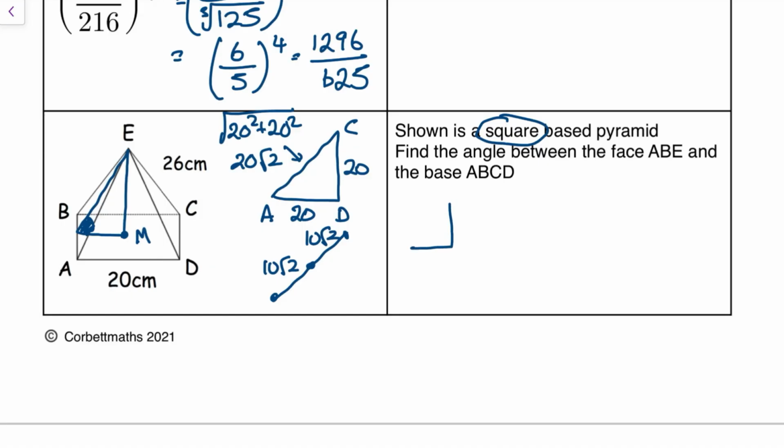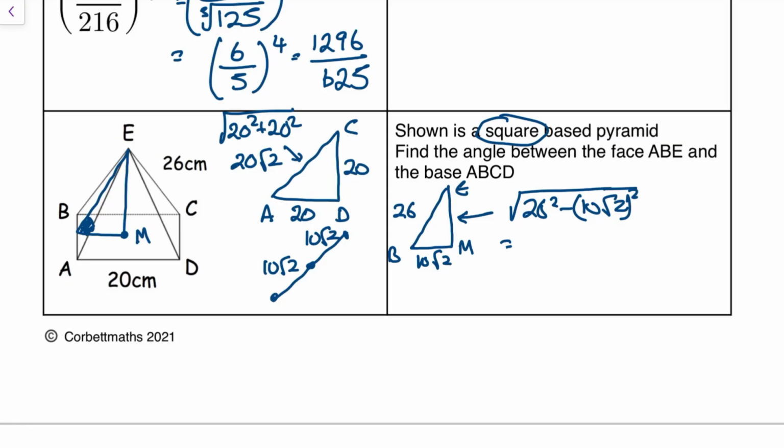Because now all of 3D trig is just about getting different triangles. So now let's look at the triangle E to M to B. I know from the diagram that E to B is 26 because that's the long diagonal side. I know B to M is 10 root 2 because I've just worked it out, which means that this length here is going to be 26 squared minus 10 root 2 squared.